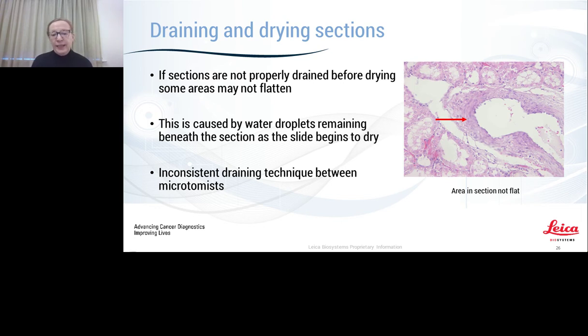You often do get inconsistent draining techniques between microtomists, or sometimes in a rush to get slides into the stainer, they're just not left long enough. So it is a really important point to make sure that there's standardisation through here.